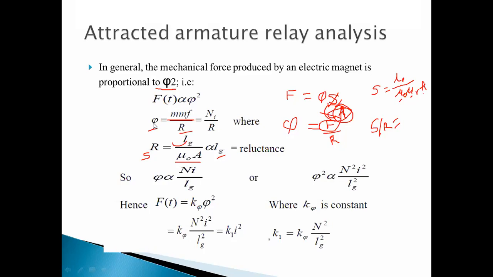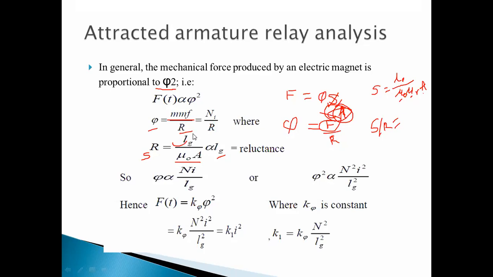From the magnetic circuits, F is equal to I into N. Then phi is equal to mmf divided by r, which is nothing but the reluctance, which can also be denoted by s.